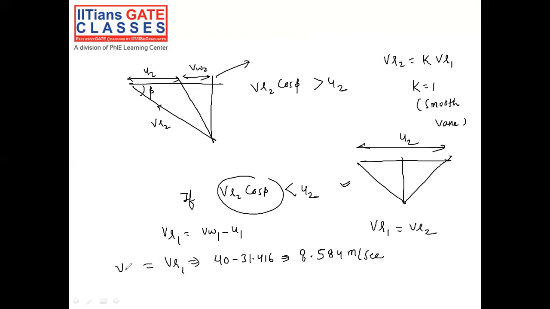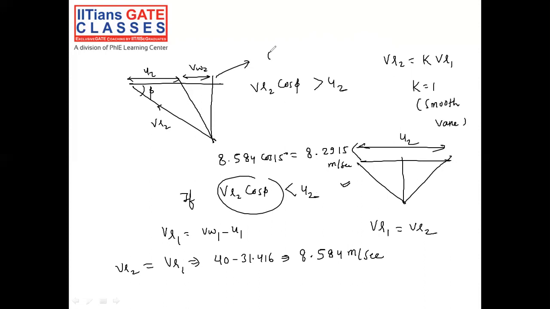This is VR1 and this is also equal to VR2. You can calculate VR2 cos phi, which is 8.584 into cos 15. It comes out as 8.2915 meter per second. It is less than U2.